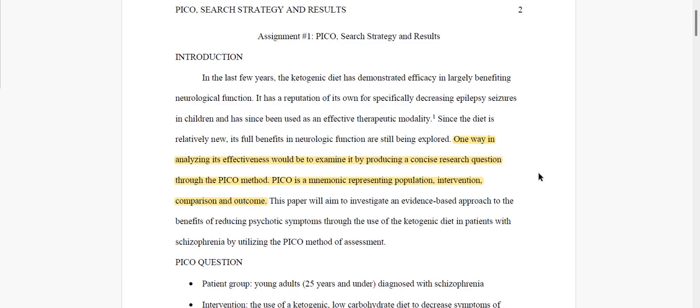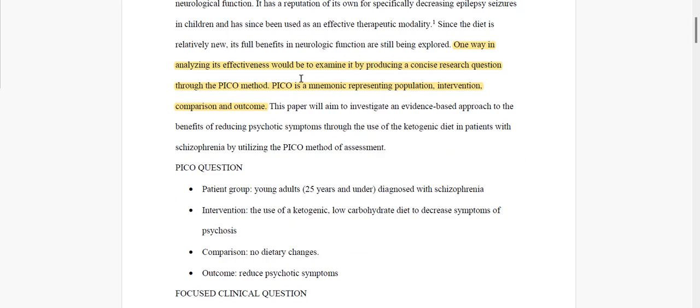And then you get into one population that has the potential to benefit from the ketogenic diet, in this case, patients with schizophrenia. The purpose of this particular PICO then is to assess the benefits of the ketogenic diet for patients with that diagnosis.